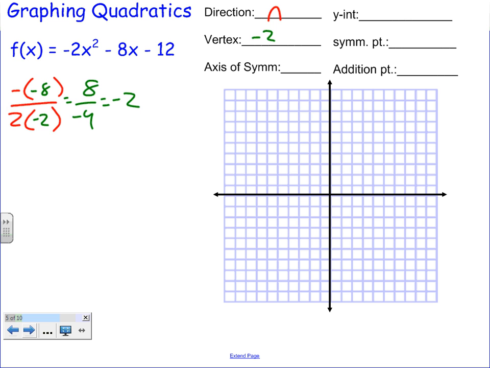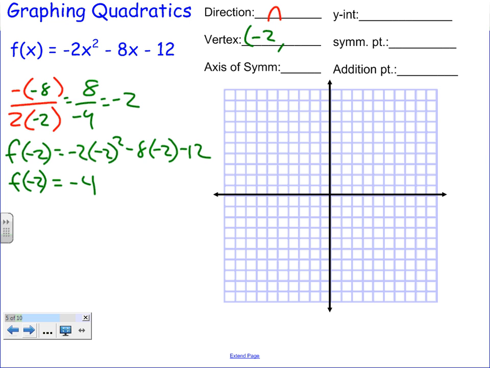We have a starting point at negative 2, comma, and again I'm going to plug in negative 2. For this one, we get negative 4 after you go through all the math. So we have negative 2, comma, negative 4. We go back 2, down 4, and we have a starting point right there.